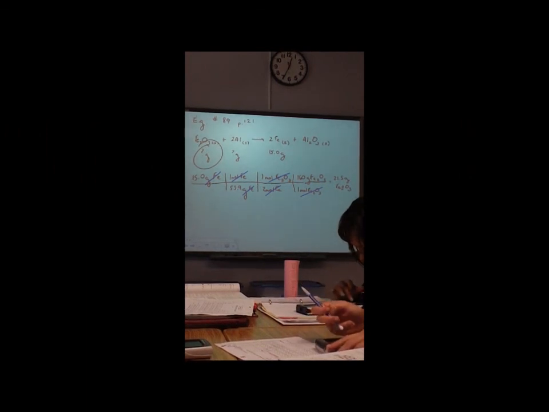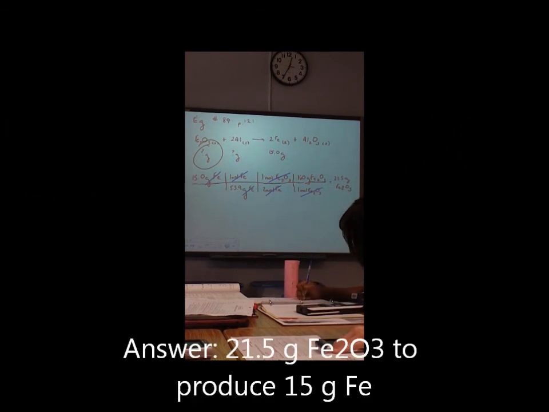We'll come up with our timeline. So, in this reaction, assuming that you have enough aluminum to completely react with this iron oxide, it takes 21.5 grams of iron 3 oxide in order to produce 15 grams of iron.